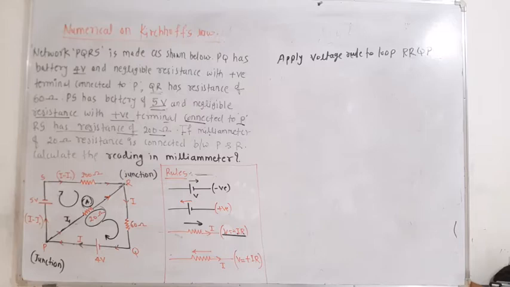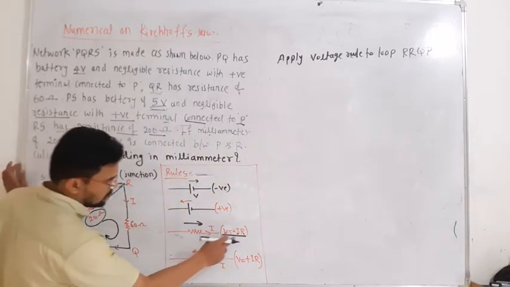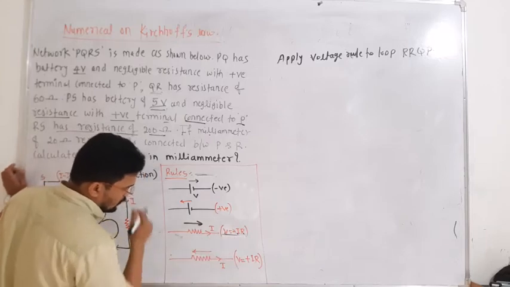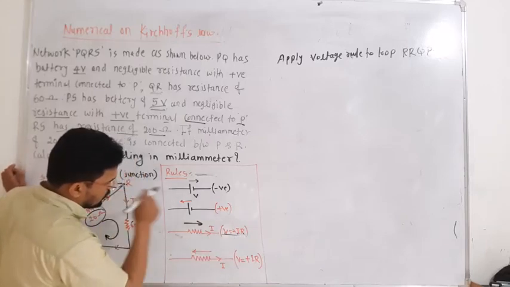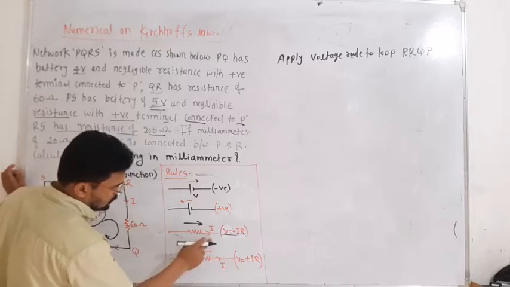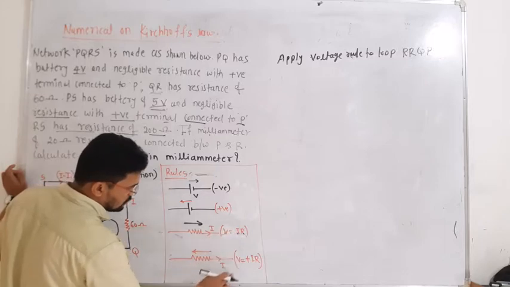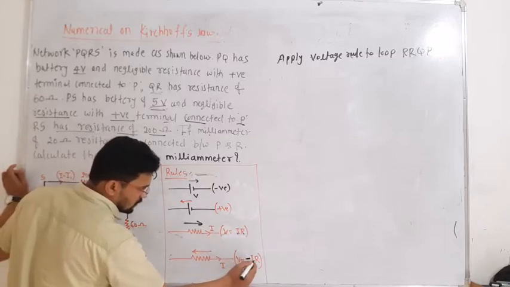Okay, so let me check. Sorry, this is a little bit of a change. If both are pointing in the same direction, then it should be negative, sorry. Okay, change the rule.